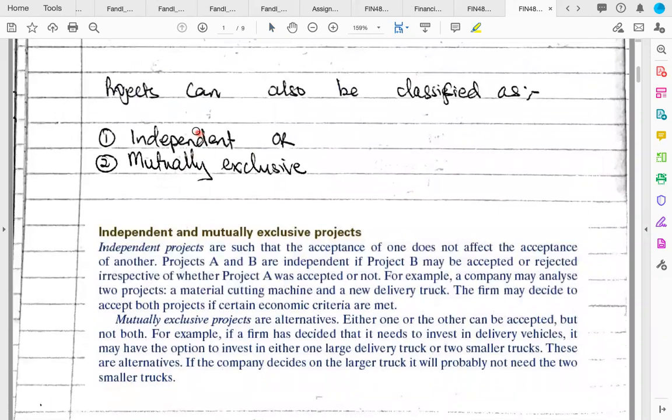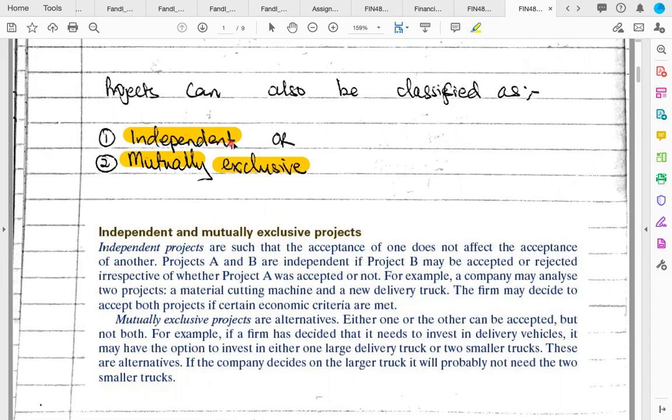Also, you need to be able to distinguish between two types of capital budgeting situations. When you're trying to decide which capital projects to invest in, you might have independent capital projects, and you might also have mutually exclusive capital projects.